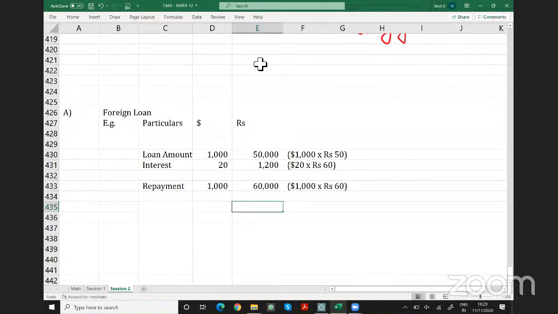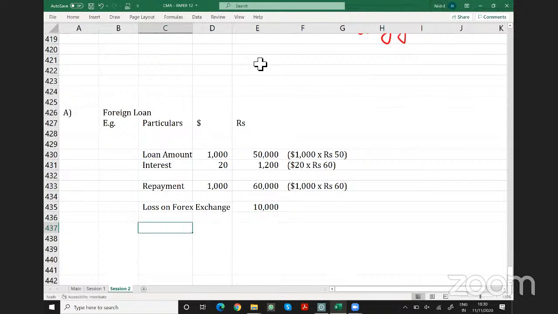So in case of dollars, I've taken a $1,000 loan and I have repaid $1,000, so there is no effect. But when we convert the same into Indian rupees, I have a loss on foreign exchange of 60 minus 50, which is 10 per dollar, so a foreign exchange loss of 10,000, and we have paid an interest of 1,200.